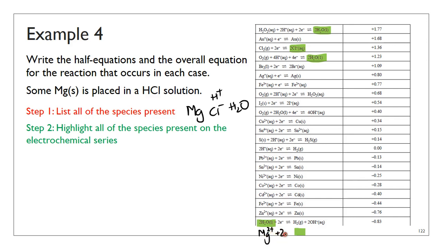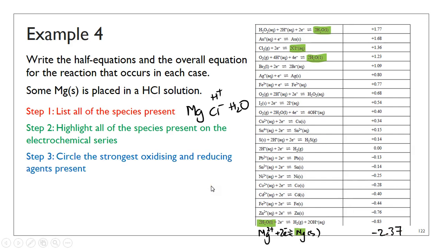So I'm just going to write the magnesium equation, which this particular screenshot doesn't have, and I'm just going to give you the cell voltage as well. It's just supposed to be negative 2.37, so it's a little bit below water, but yeah, let's assume I've highlighted it in here.